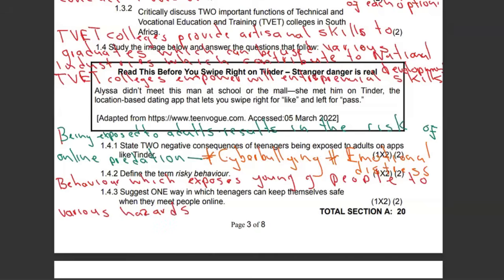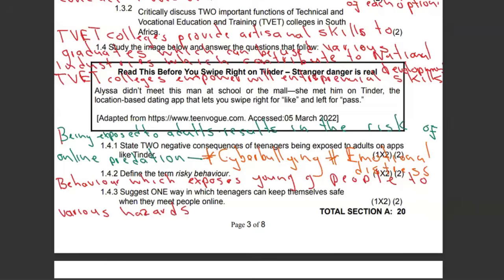So it exposes young people to various dangers. Those dangers actually endanger the lives of young people, hence the term risky behavior. So that is what we call risky behavior.